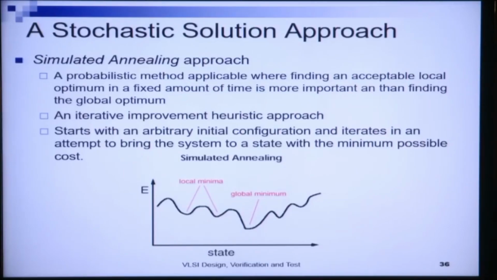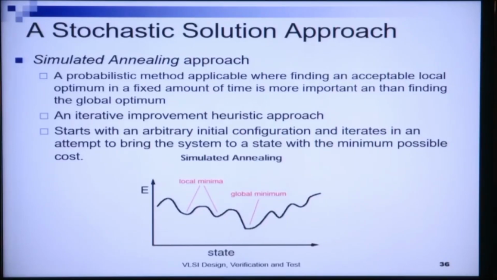Simulated annealing is a probabilistic method applicable where finding an acceptable local optimum in a fixed amount of time is more important than finding the global optimum. So the simulated annealing approach can be used to obtain good solutions which will not be optimal, but can often be near optimal if enough time is allocated to solve it. It can give you a good solution within a fixed amount of time, and hence this strategy is used.